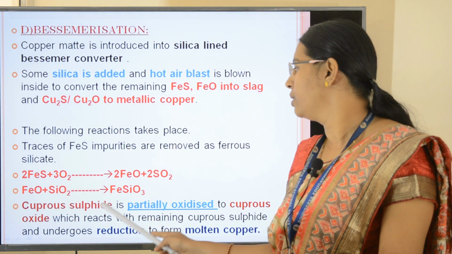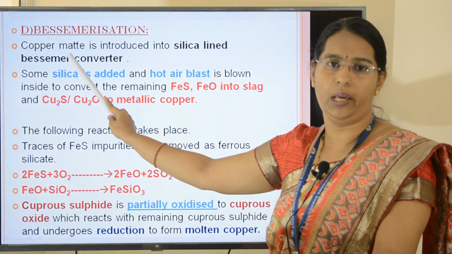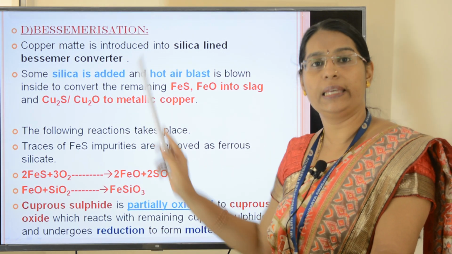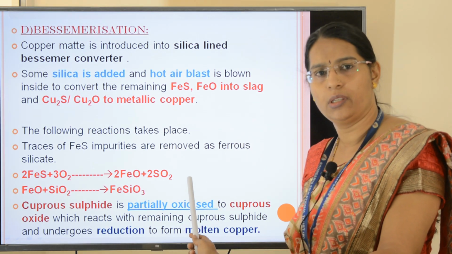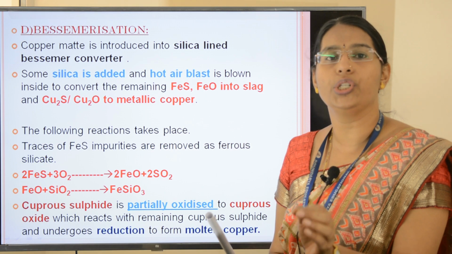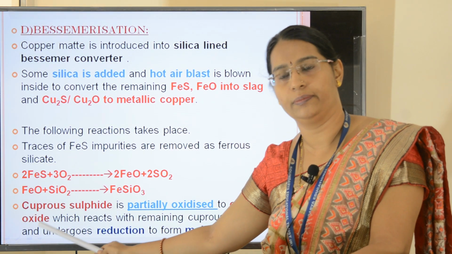Next step is cuprous sulfide, which is present in the copper matte. Cuprous sulfide is firstly partially oxidized. Listen here carefully. Cuprous sulfide is only partially oxidized into cuprous oxide.